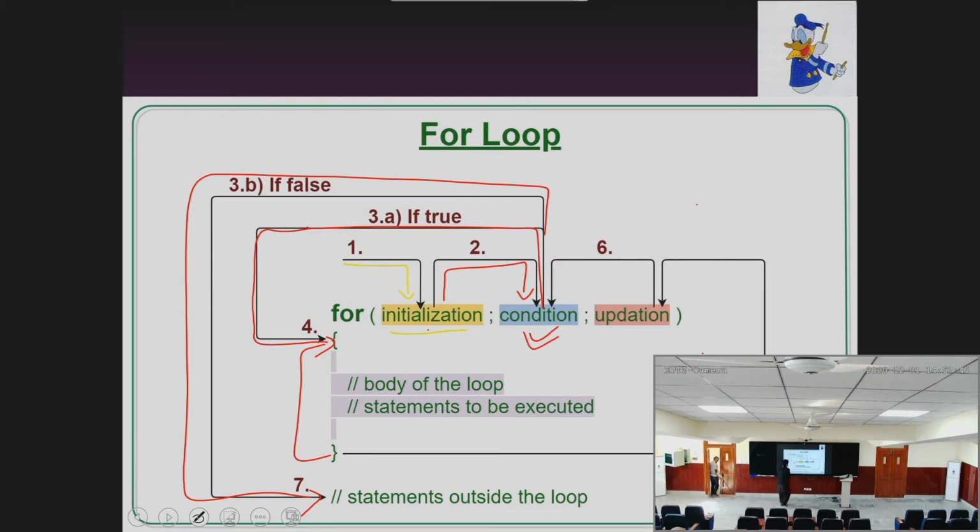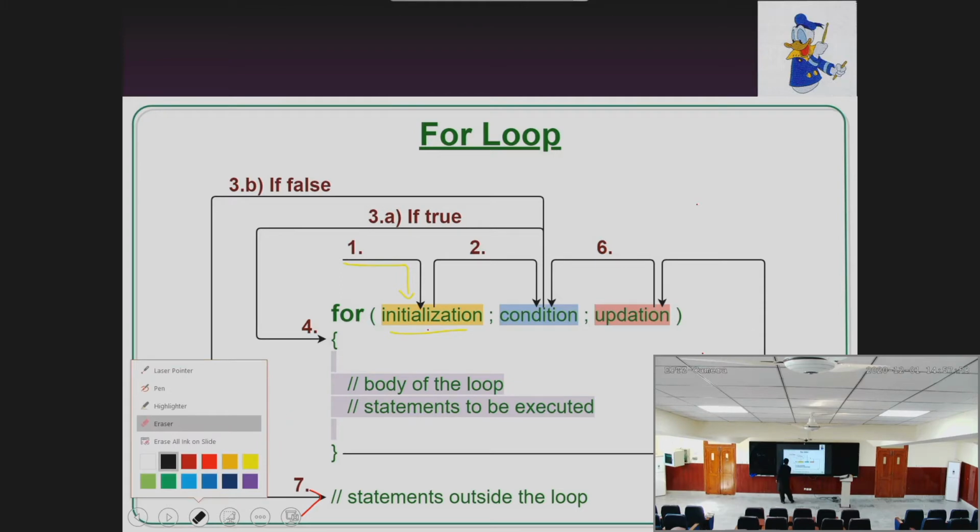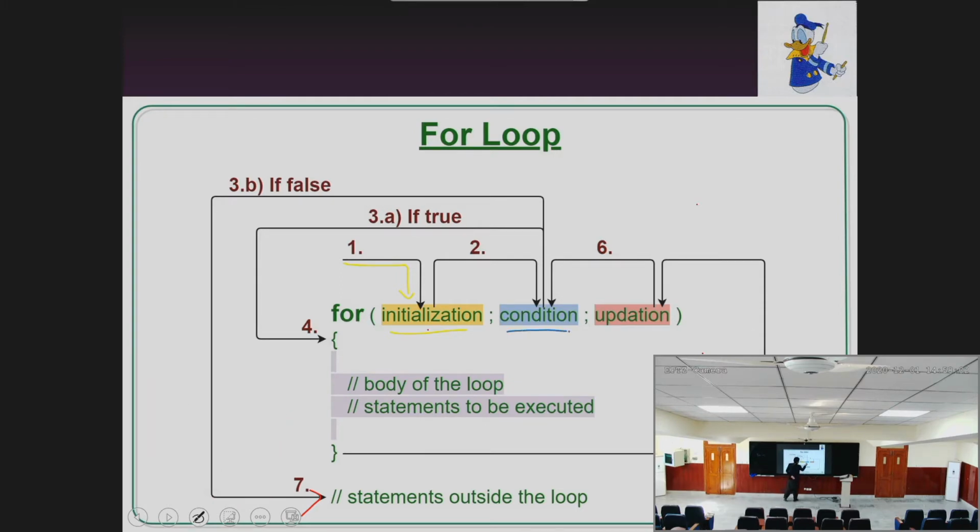Okay. What if it gives the true answer? So let's see. This is the true. If the condition becomes true, the execution will come through this path and the body will be executed.